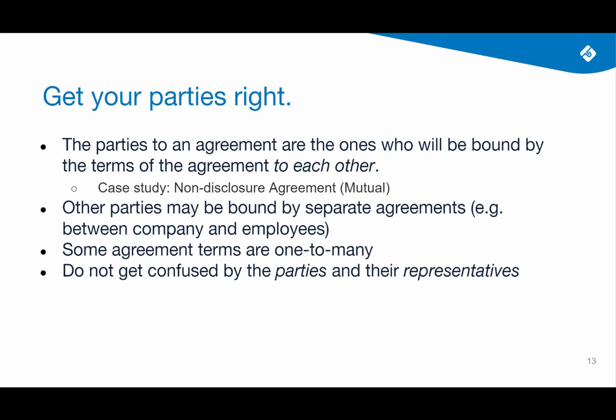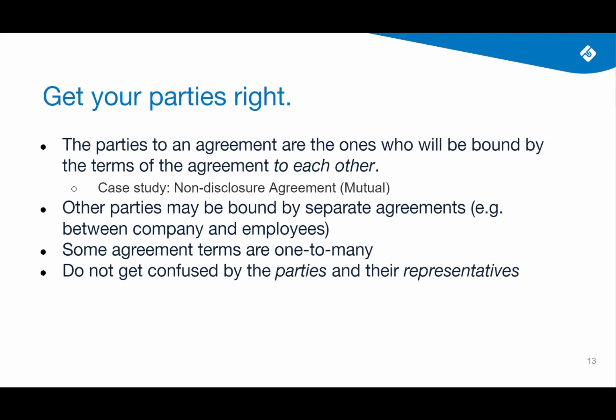And that's how the company will meet its obligation under that top agreement, by making sure that all of its employees meet their obligations, right? But the parties remain the companies. The employees cannot sue or be sued under that main contract.